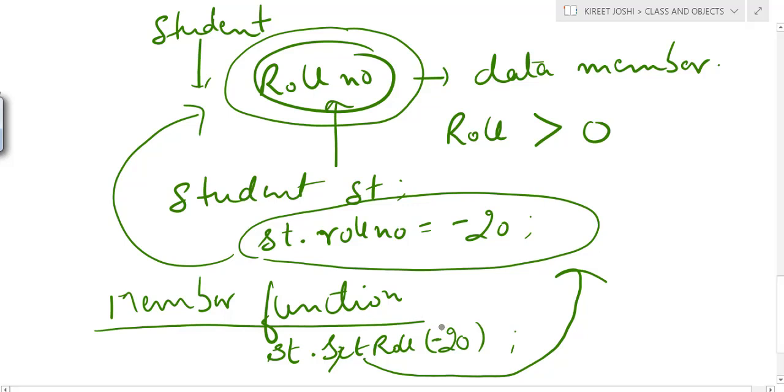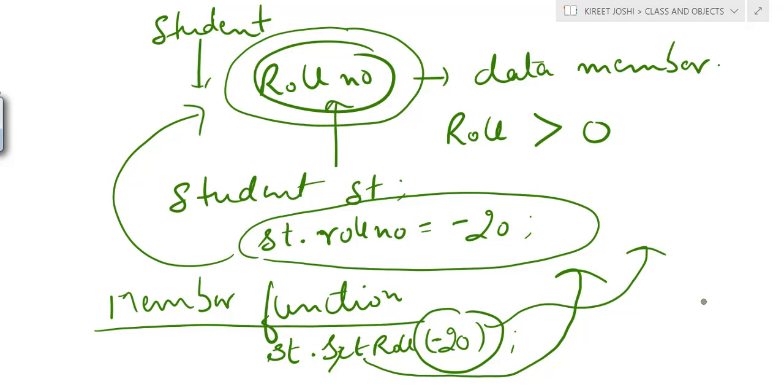So this particular data that the person has passed will be given to your member function as an input, and then there are some filters that you have written inside your member functions, and on the basis of that the message can be printed, in order to catch the violation of the condition. So the main thing is that we are now providing a mechanism that, in spite of direct access, you have to provide access with the help of the member functions.